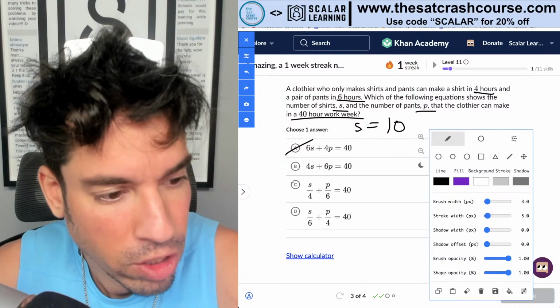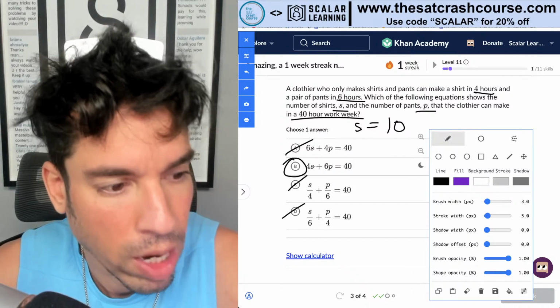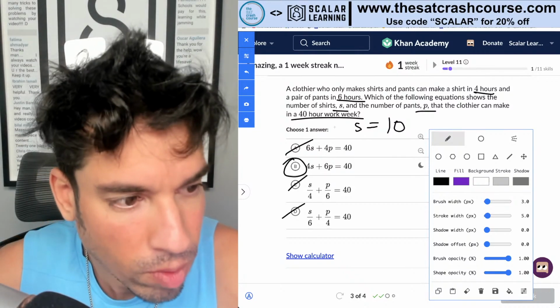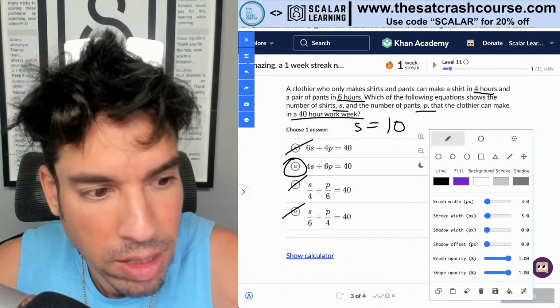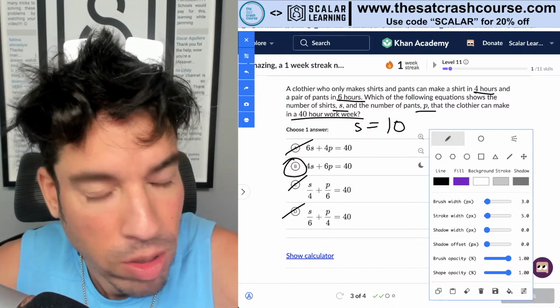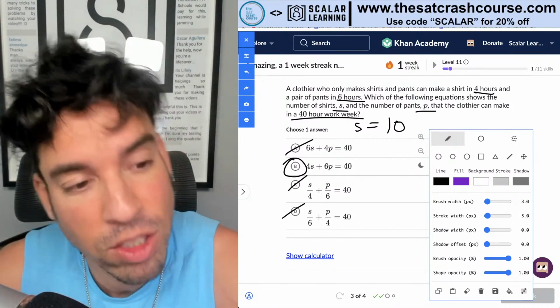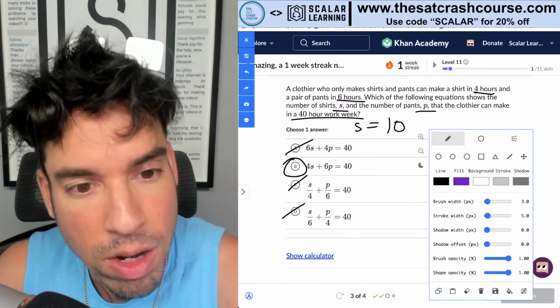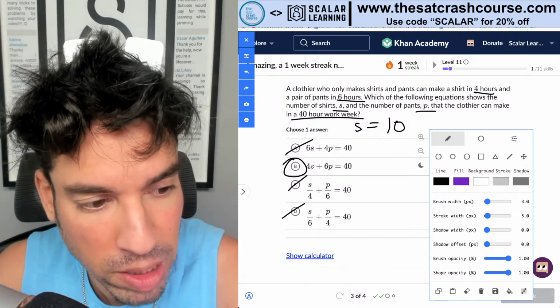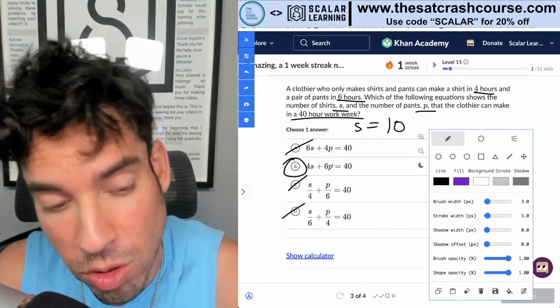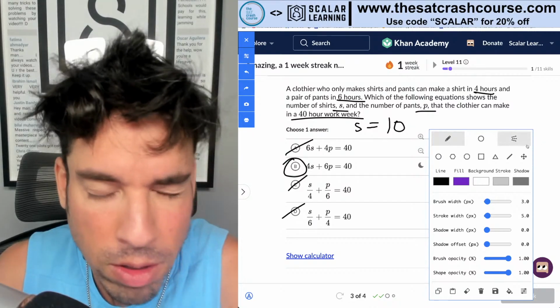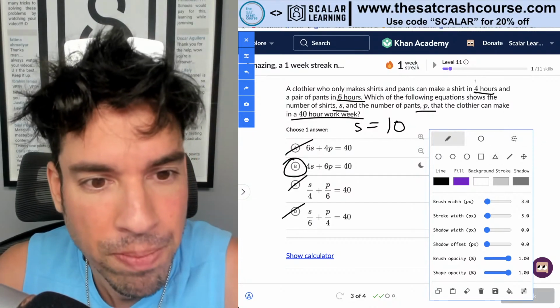If I plug in 10 here, yeah, it's got to be B. Okay, but let's think about it more. And then if I did per 6 hours, I should be able to make 6 2/3 pants if I make no shirts. So if I plug in 0 here, we would get 6 2/3. A fraction. Hope that made sense.